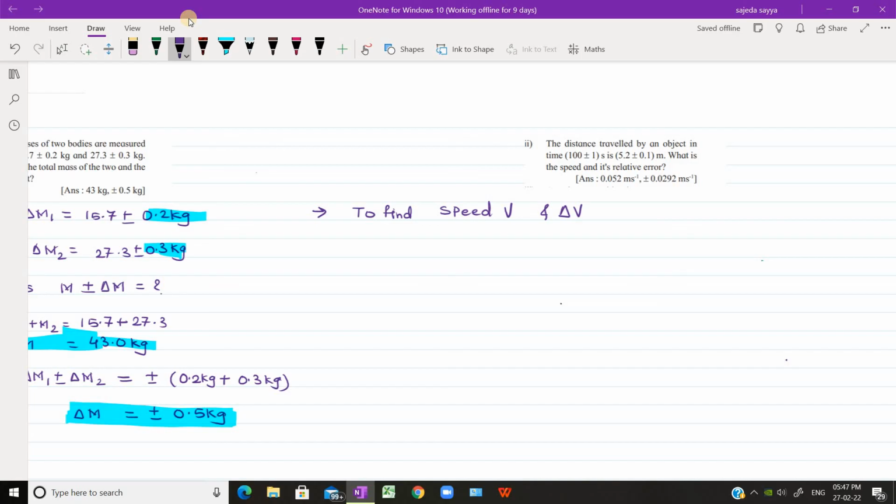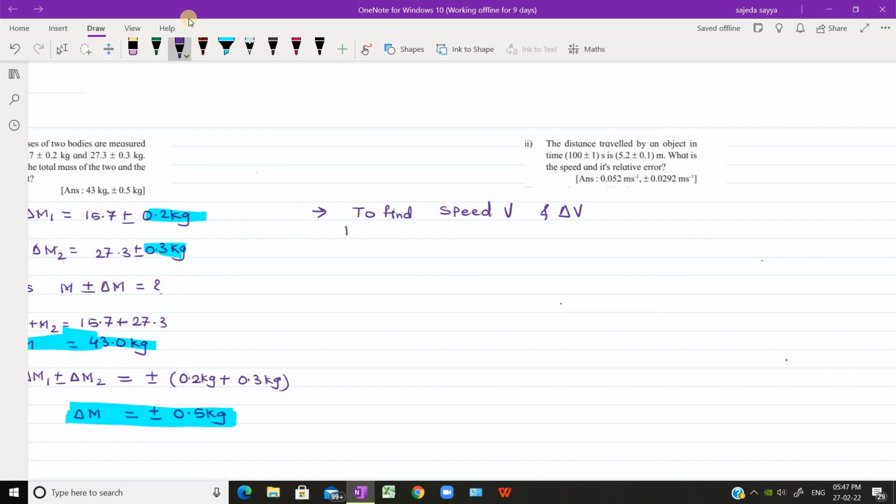We will write the data. Distance along with its error is given, time also is given along with the error. So we can find it easily. So let's write it.